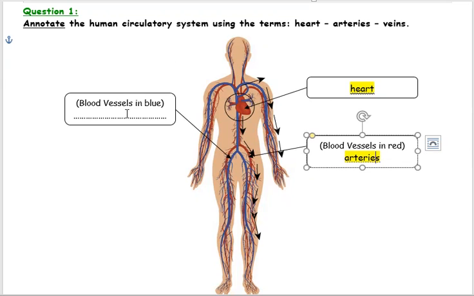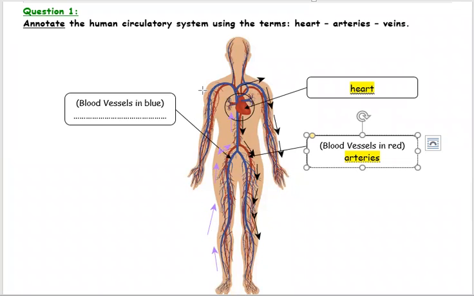While veins, the tubes colored in blue, are the tubes that take the blood back from the body parts to the heart. This blood contains wastes such as carbon dioxide.